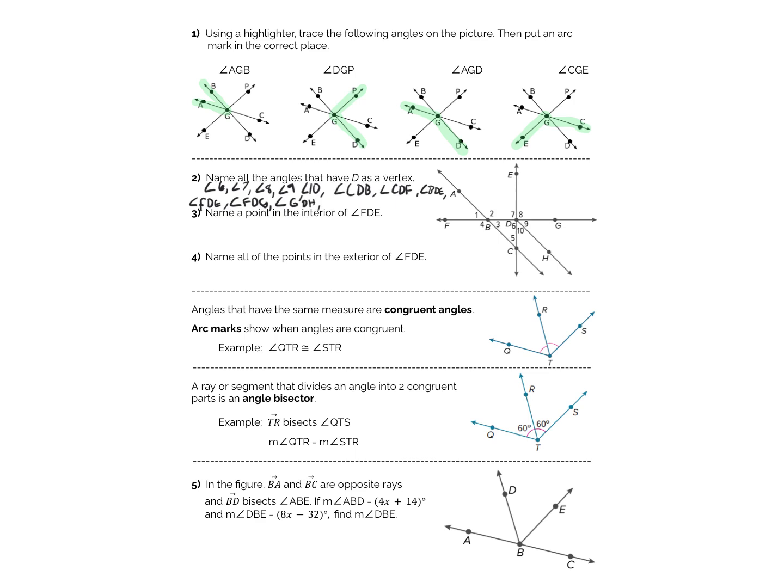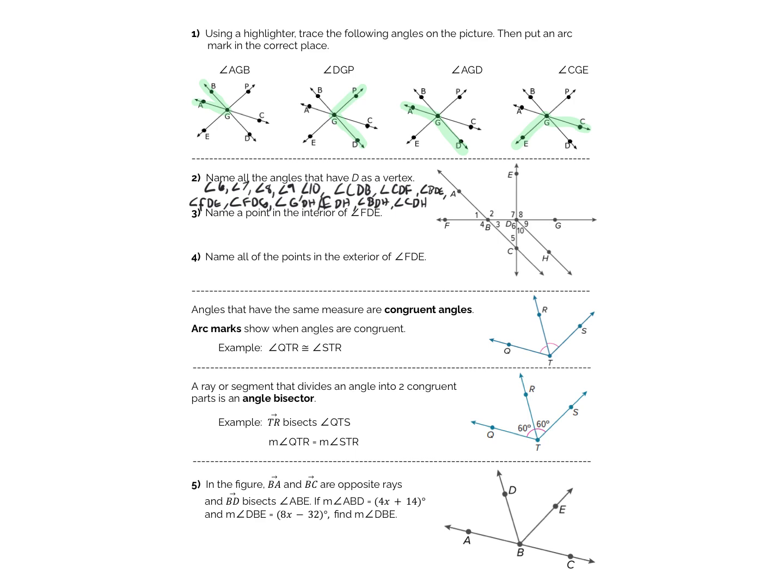Let's see, we also have angle EDH. And we also have angle BDH. And we even have angle CDH. There's a few more that we could name, but there's just a ton. So we're just going to stop right there.